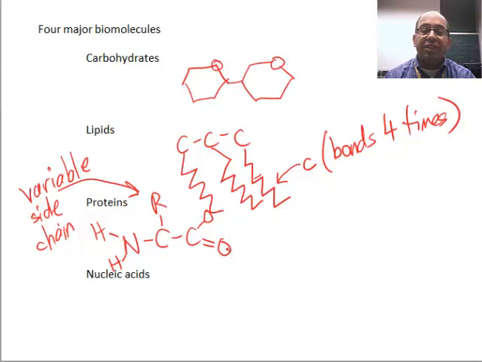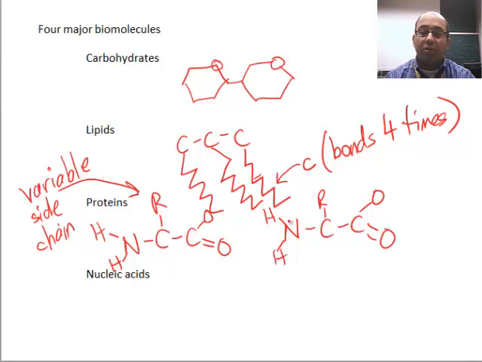And you can put these together. You put the N-terminal side with the C-terminal side of another molecule. So if I were to draw another amino acid, the C-terminal side of this amino acid bonds to the N-terminal side of the other amino acid to make a polymer of a protein.